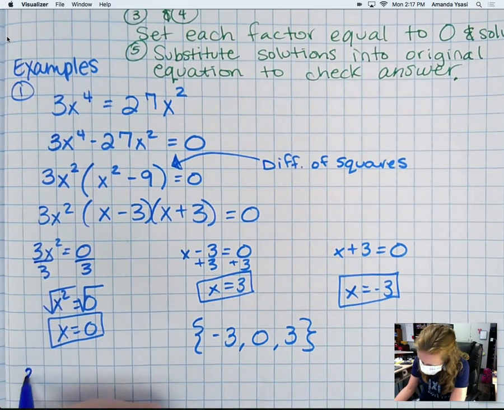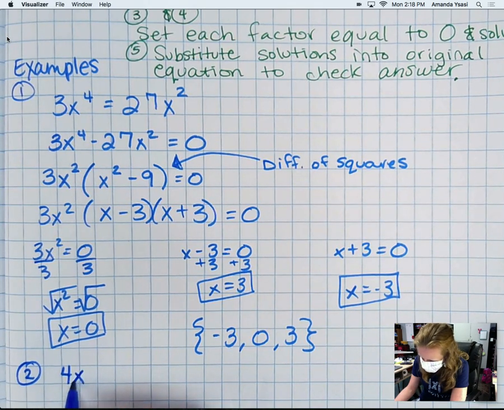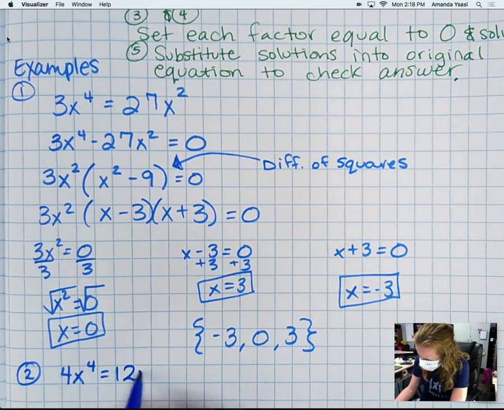Okay, let's do another example. 4x to the 4 equals 12x squared.